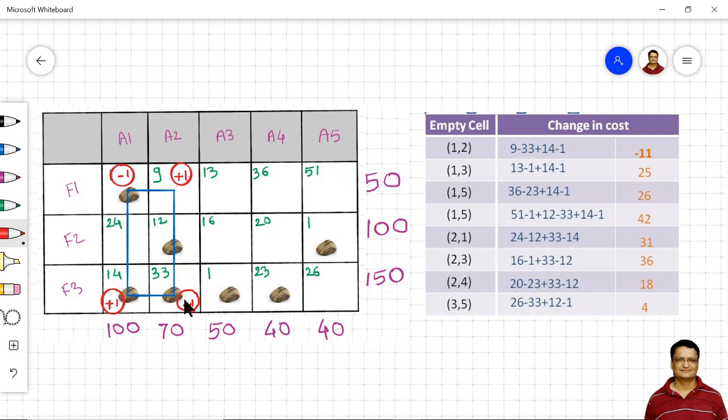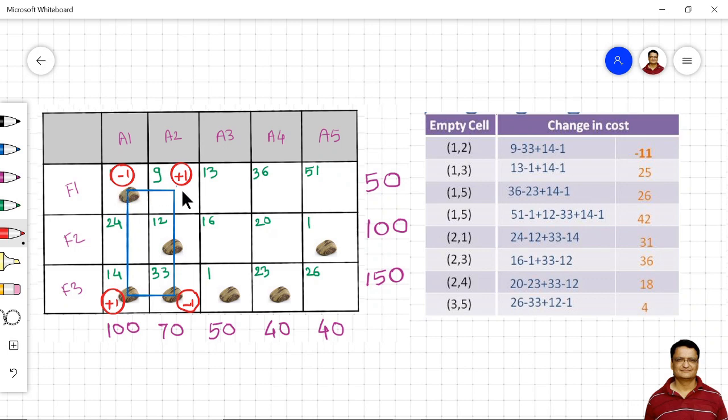As there are 4 corners, there will be 2 plus signs and 2 minus signs. Now what is the logic behind this plus and minus? If you wish to add one allocation at this point, you have to remove one allocation from this corner, add one allocation at this corner, and remove one allocation from this corner. That is why we have given this particular thing.